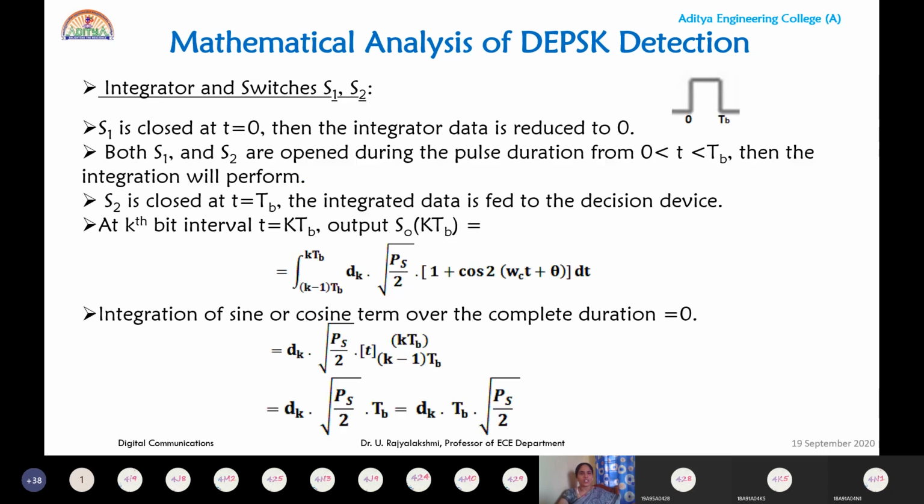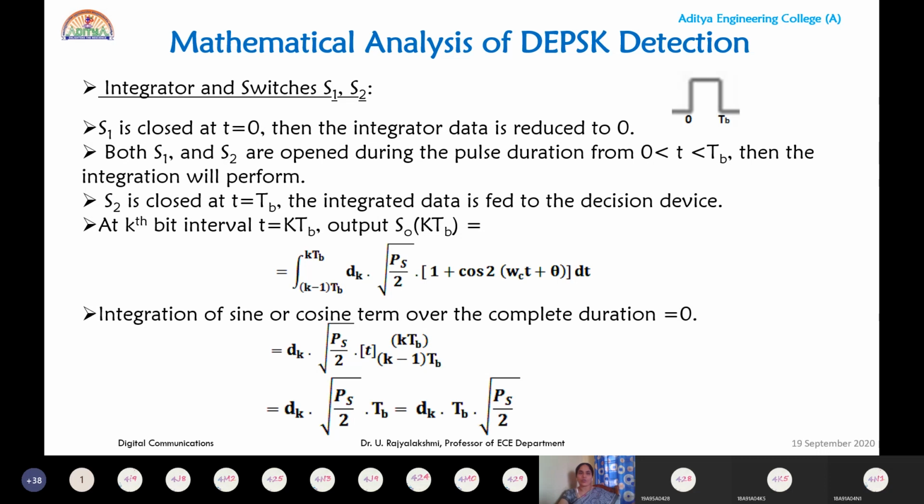Okay. Now let us see the integrator and switches performance. Switch S1 is closed at t equal to 0. How can you get these pulses? By using the bit synchronizer. When S1 is closed at t equal to 0, the integrator output is reduced to 0.